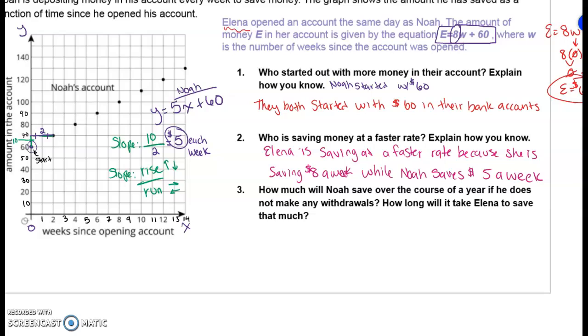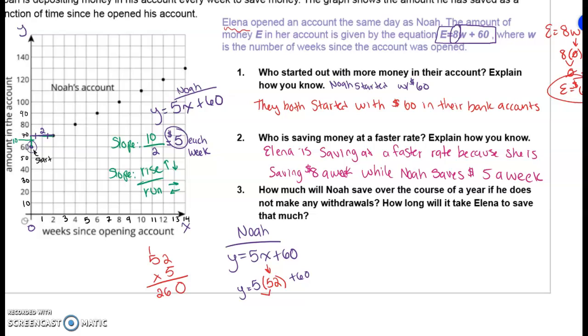So how much money will he save over the course of the year? Well, since this is weeks, I know that there is 52 weeks in a year. So what we're going to do with his equation is take 52 and plug it in for x, for the number of weeks. So remember, he's not withdrawing any money, which I give him props. Sometimes it might be a little bit hard to take out some money. So 5 times 2 is 10. 5 times 5 is 25, plus 1 is 26.